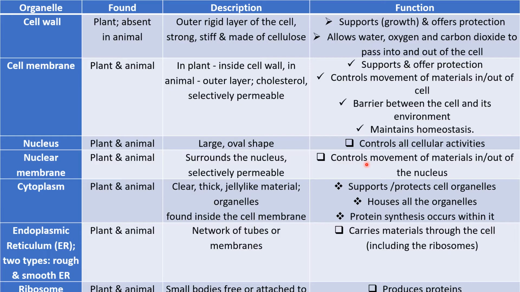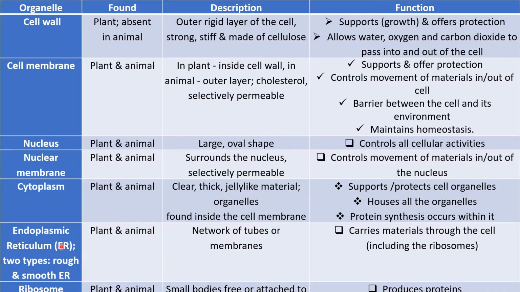Cytoplasm, found in both plants and animals, is a clear, thick, jelly-like material, and the organelles are found floating within the cytoplasm. So it supports and protects the cell organelles. It houses all the organelles, and protein synthesis actually occurs within it.